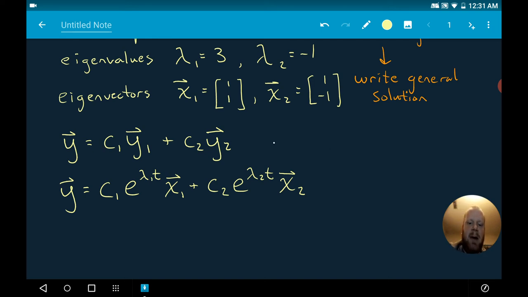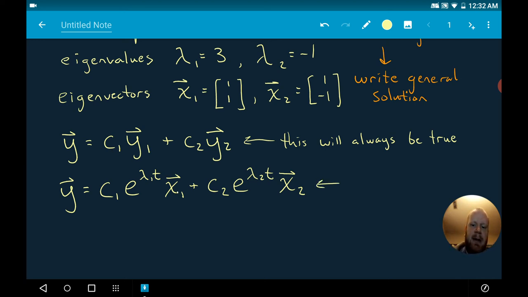I wrote this form out here because this one will always be true. So this form will always be true. We can always write it like this.